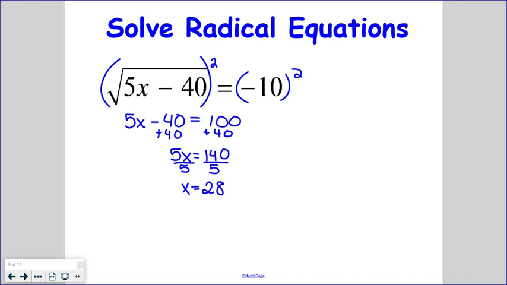Okay, and now we know the end of my directions are going to say check for extraneous solutions. And what that means to me is plug it back in and make sure that it works. So I test x equals 28.